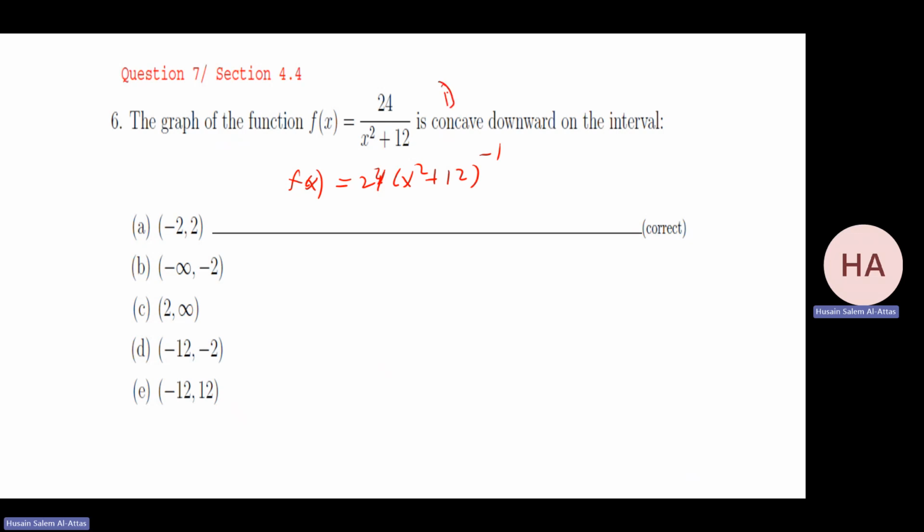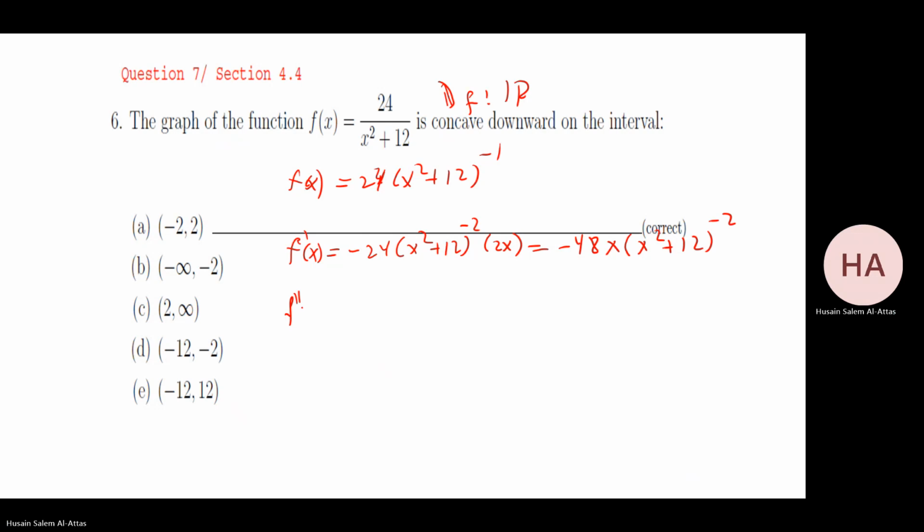Note the domain of f is all real numbers. I have no restriction. F prime would be what? Would be minus 24 times (x squared plus 12) to the power minus 2 times 2x. In other words, minus 48x times (x squared plus 12) to the power minus 2.